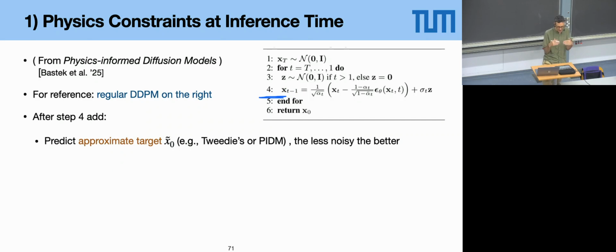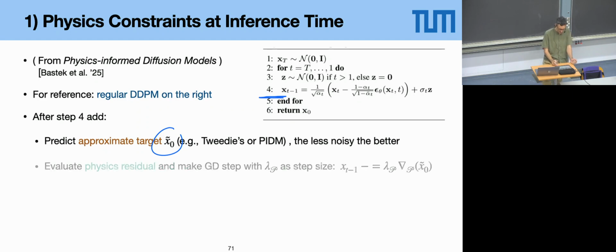So kind of based on the current state, try to predict what's at time 0. Hopefully this is pretty good. That gives you some approximate x0 value. On this, you now evaluate the physics constraint, and then you make a step or a partial step along this direction. Right, so what they do in practice is, with some additional learning rate, lambda, and some physics constraint, go along the gradient of that constraint towards the target.